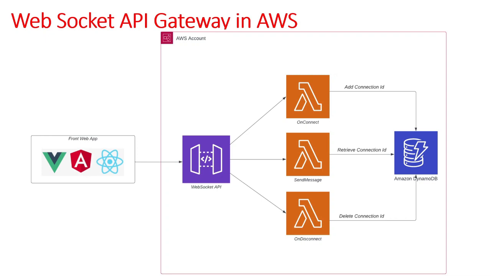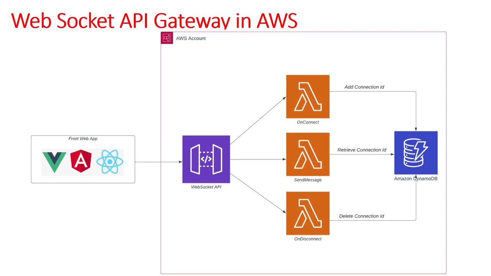One is the onConnect method, the other one is the onDisconnect method, and finally there is the send message method. All three of these Lambdas will be hooked up to the WebSocket API gateway and will handle the connection, disconnection, as well as the message handling portion of the WebSocket connections.